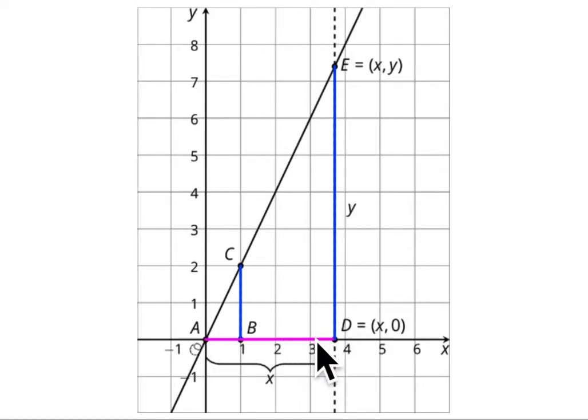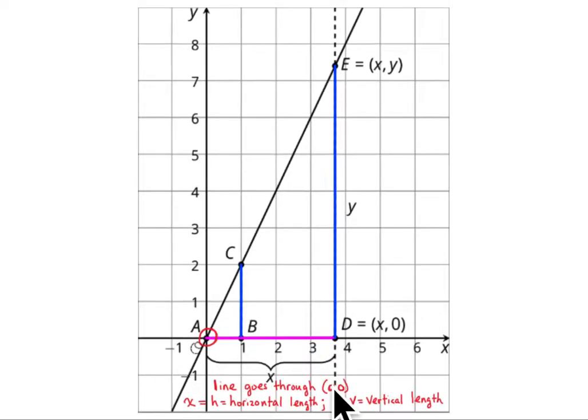So you can write that relationship as the vertical length, which is y, over the horizontal length, which is the value for x, because it goes through 0. That ratio is equal to the same slope, which is 2. So 2 units along the vertical is twice as long as 1 unit along the horizontal.